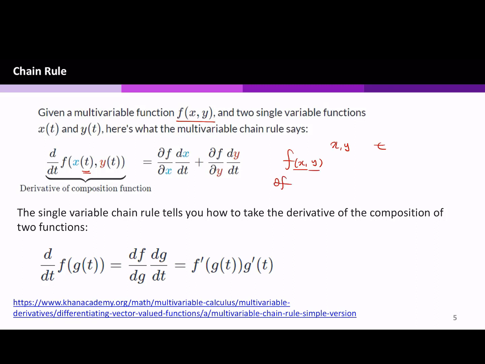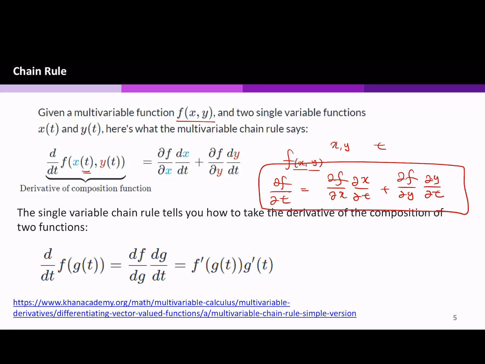So in this case, the partial derivative of f with respect to t can be represented like this.